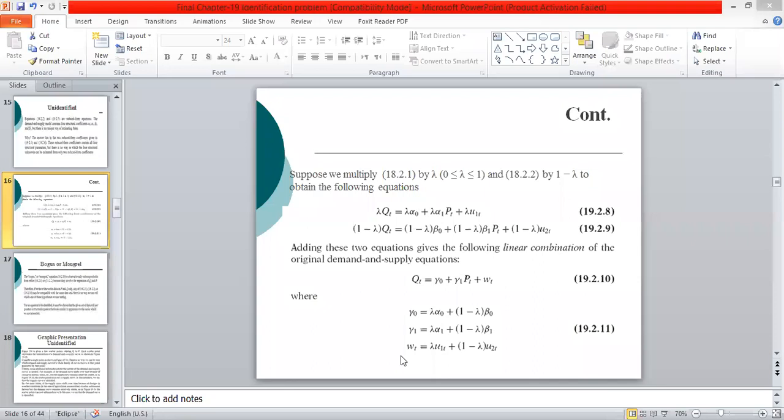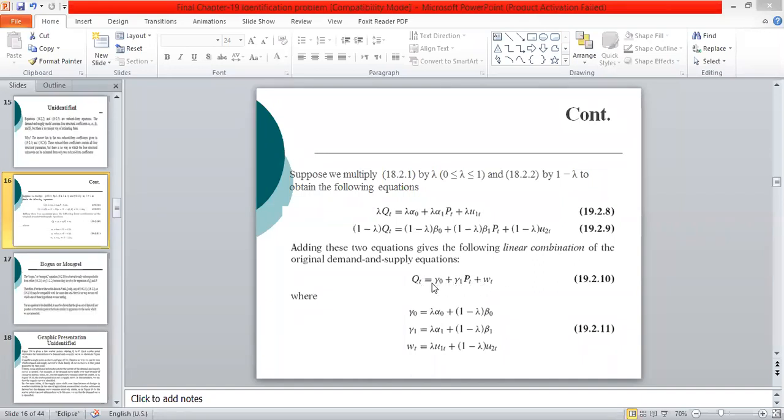So we can look, by using the bogus equation, at whether our equations, the demand equation or the supply equation, are identified or not. So we compare the demand equation with the bogus equation. You can see that both the equations are the same. The demand equation is indistinguishable from the bogus equation, because a demand equation is a function of price and the bogus equation is also a function of price.